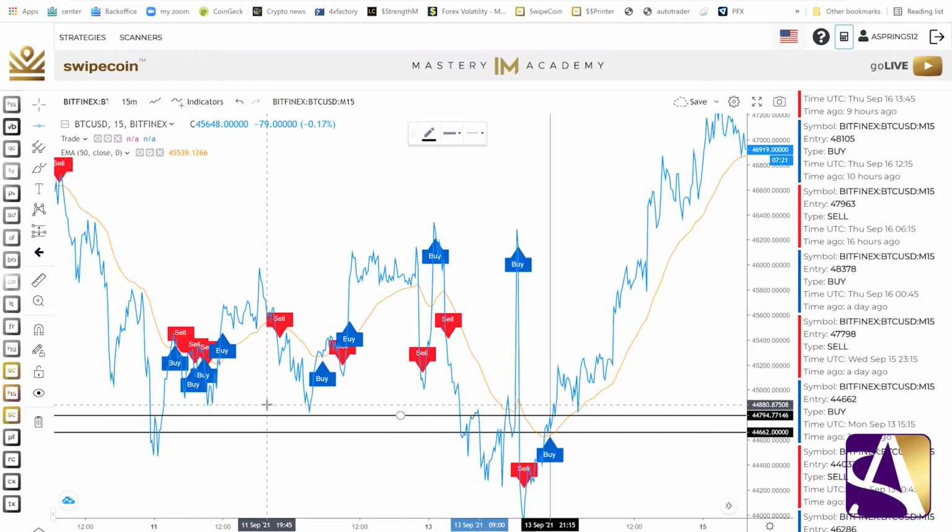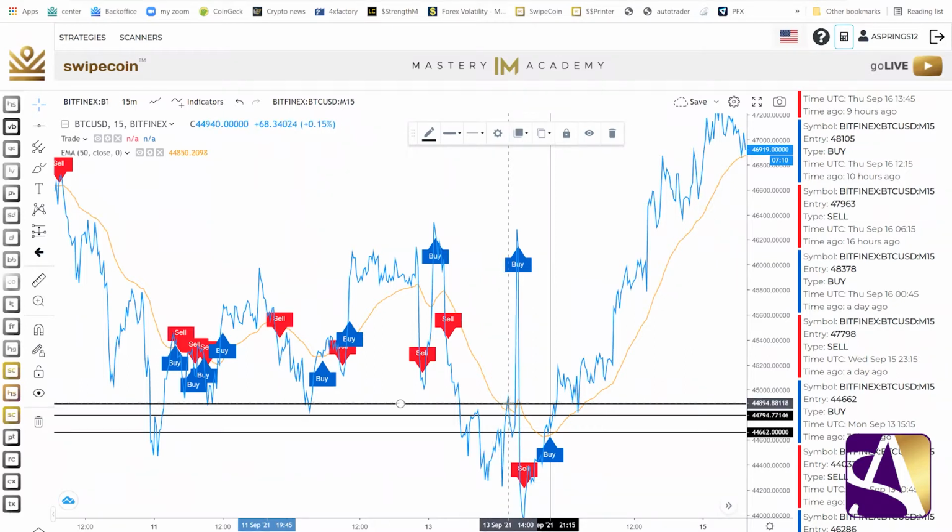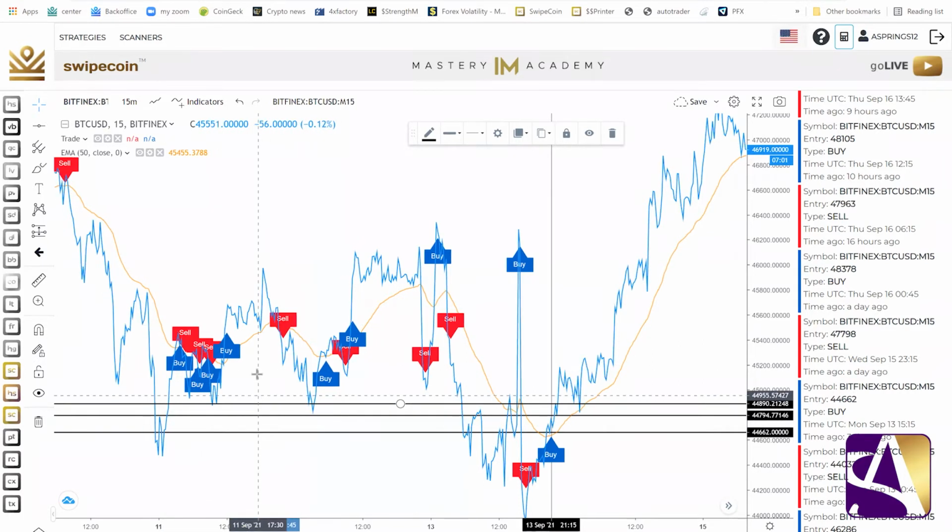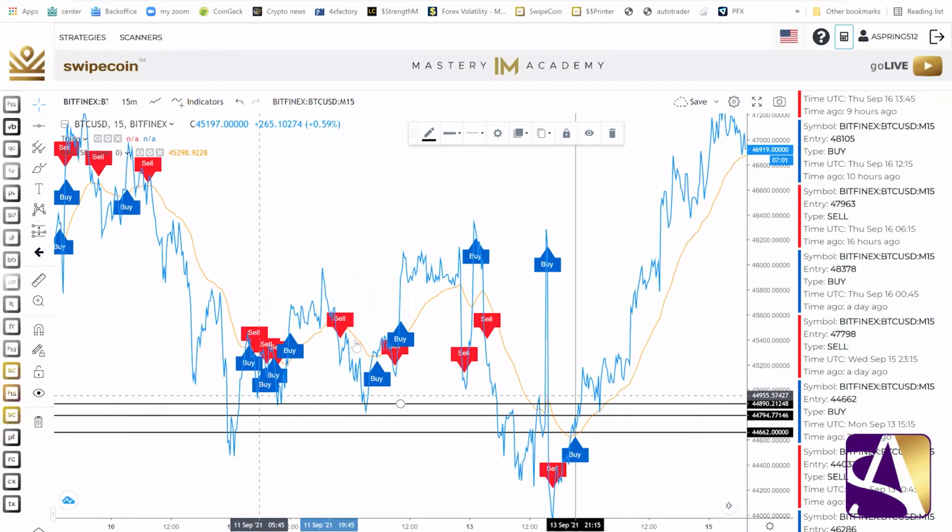So if we look right here, we got another one about right here. Remember, we're looking back to the left from here. And of course, it's a little subjective, but we can count this. 1, 2, 3, 4, maybe 4.5 touches. We can see clearly this was support.